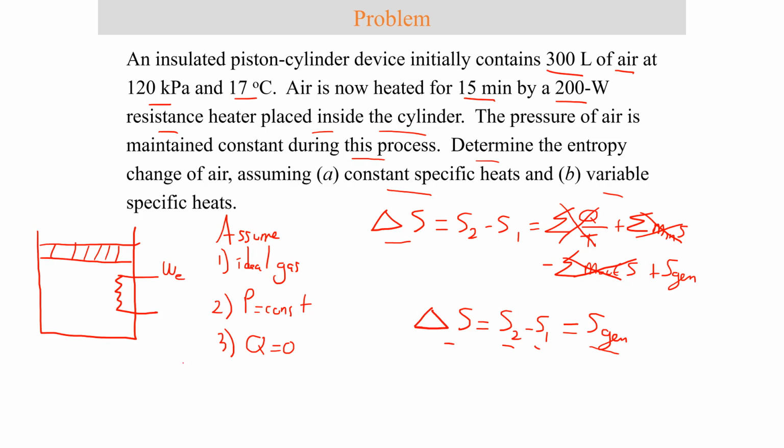So first off, for part A, it's asking us to find the change in entropy of an ideal gas with constant specific heats. So that would be mass times the change in specific entropy.